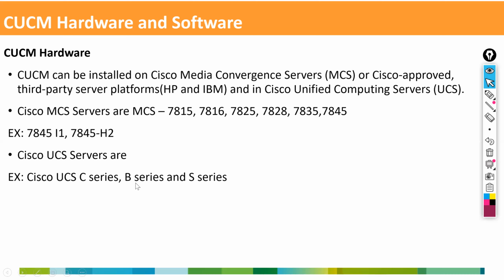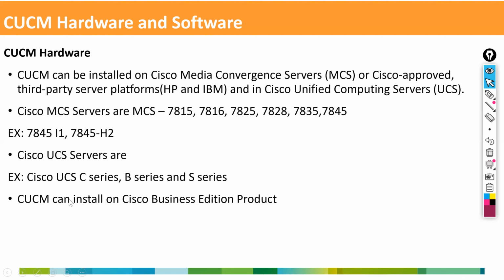B for business purpose, C for chassis. So the very famous server is the C server. Most of the organizations, every organization goes with the C server. If you want, it can be installed on B or S also, but most of the time we use the Cisco UCS C servers.